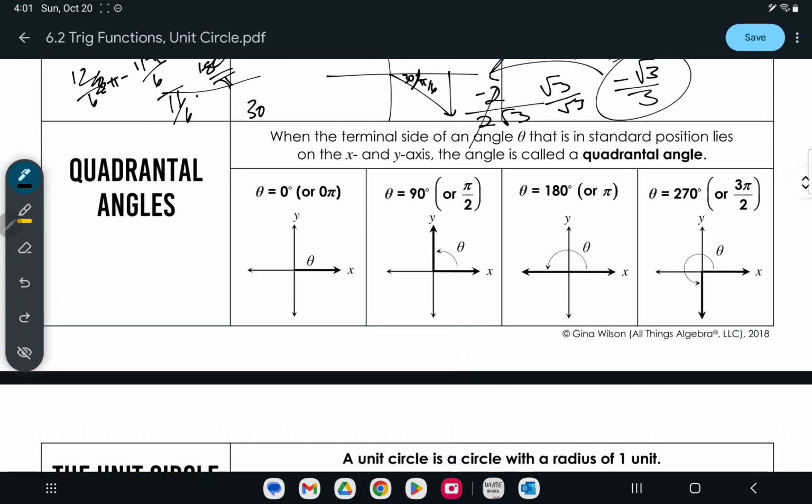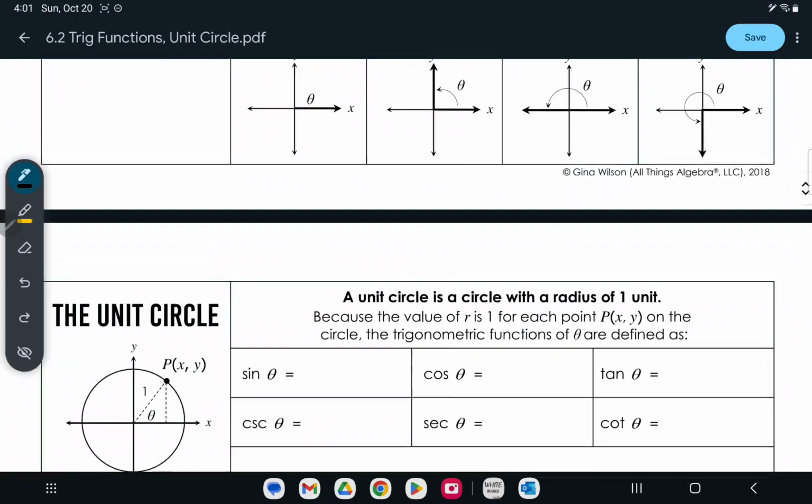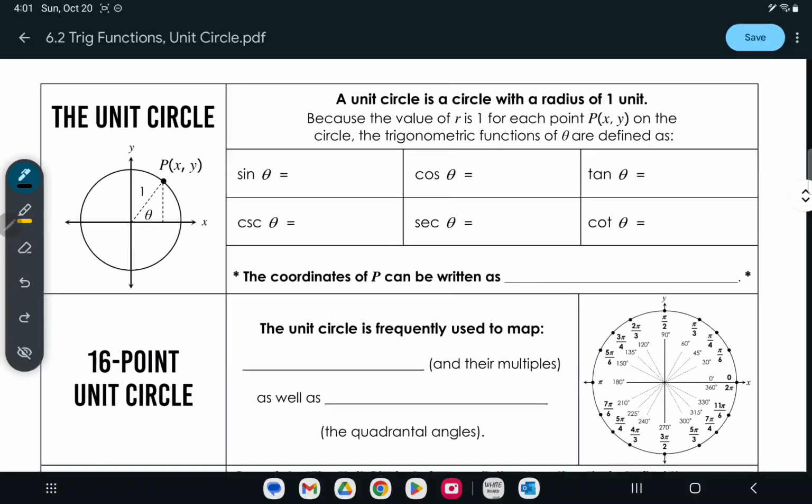Quadrantal angles, that just means the terminal side shares the side with the axes, whether it be the x or the y. Alright, start looking at the unit circle. So on a unit circle, P is just some point on this circle. Now the unit circle, what makes it special, means it has a radius of 1.